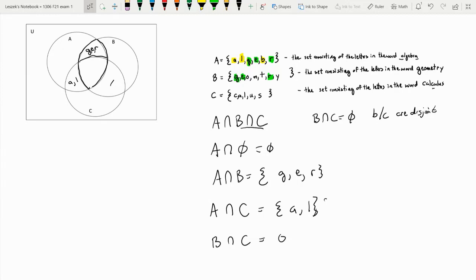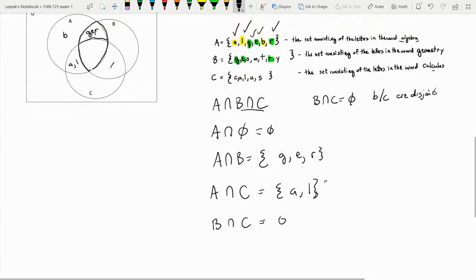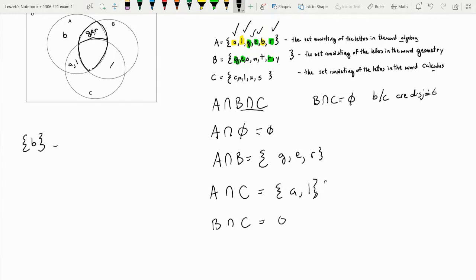So for set A, we already have A, L, G, E, and R listed, so there's only one letter left, B, so that must be exclusively in A, but not in B or C. In fact, you can probably write that set containing B as exactly the set of what's in A, but not in either B or C. Of course, this is A intersected with the complement of B union C.